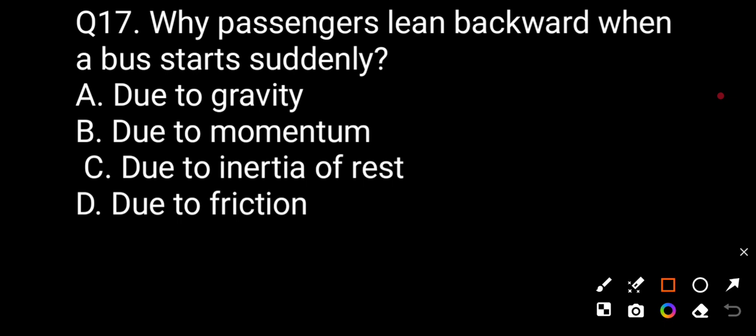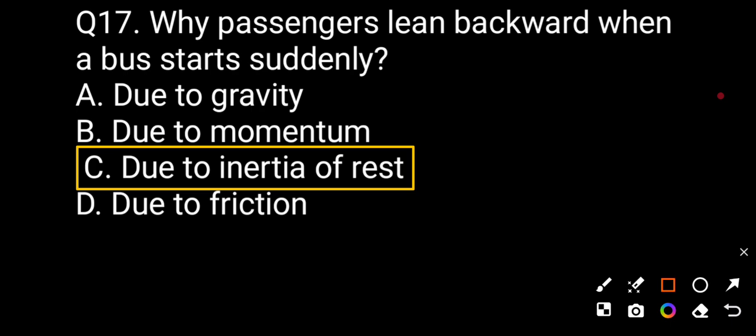Why do passengers lean backward when a bus starts suddenly? Option A, due to gravity; due to momentum; due to inertia of rest; due to friction. The correct answer will be C, due to inertia of rest.